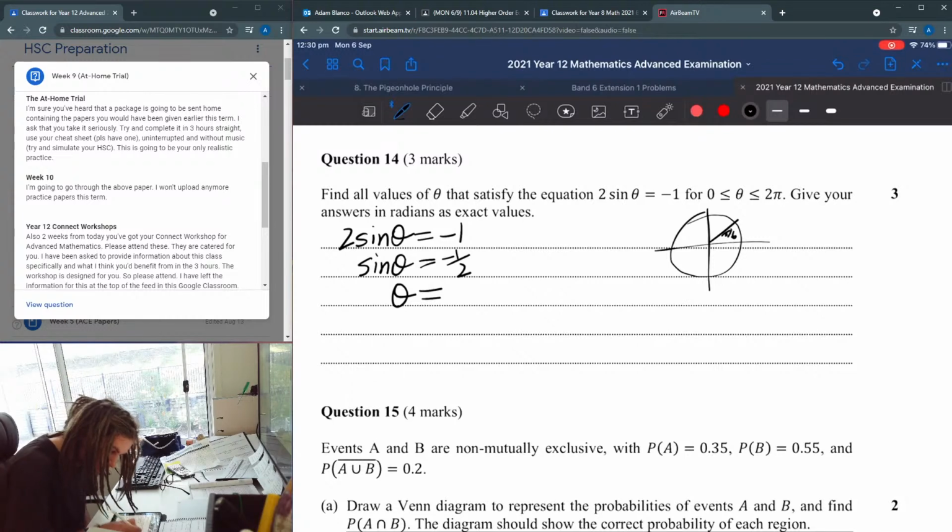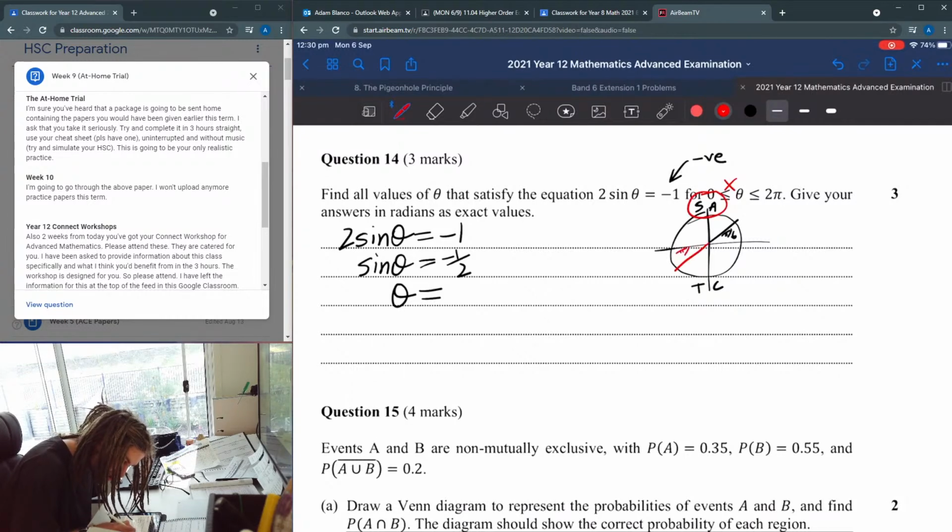Now, it's all stations to central. I want to know when it's negative. So that's going to be not these two. It'll be these two. So when that's pi on 6 and that's pi on 6. So that means this one is pi plus pi on 6. And this one here is 360 minus pi on 6.